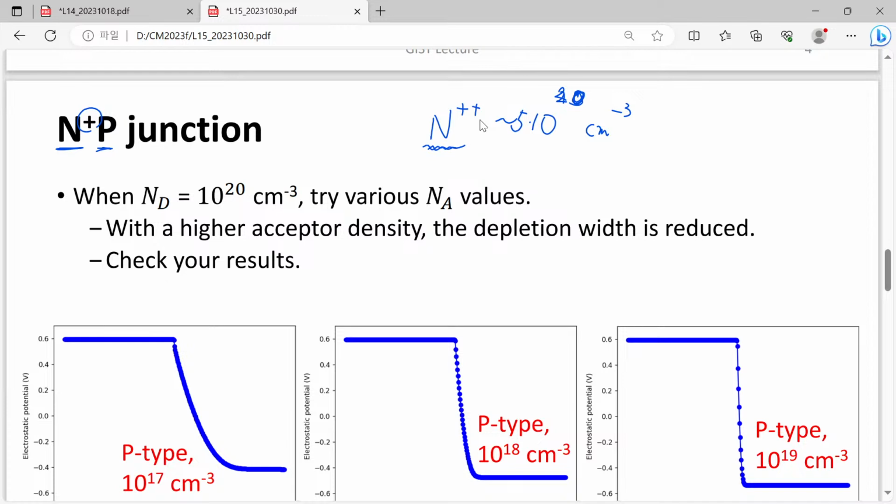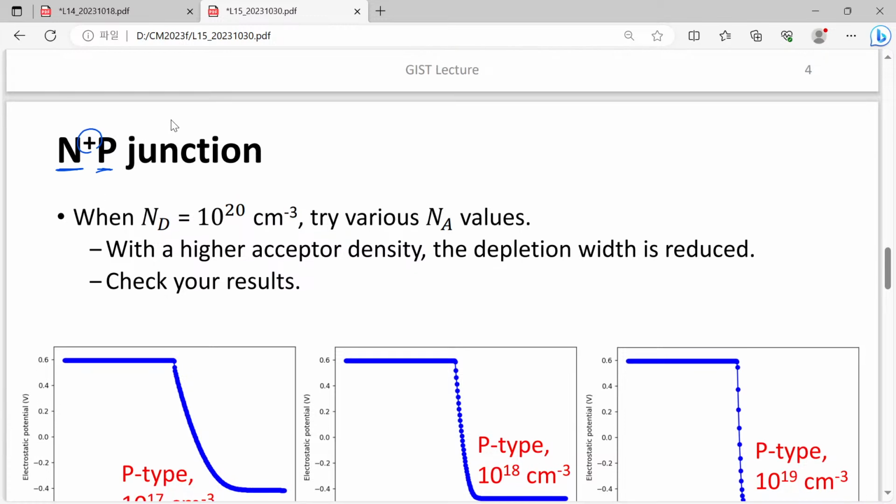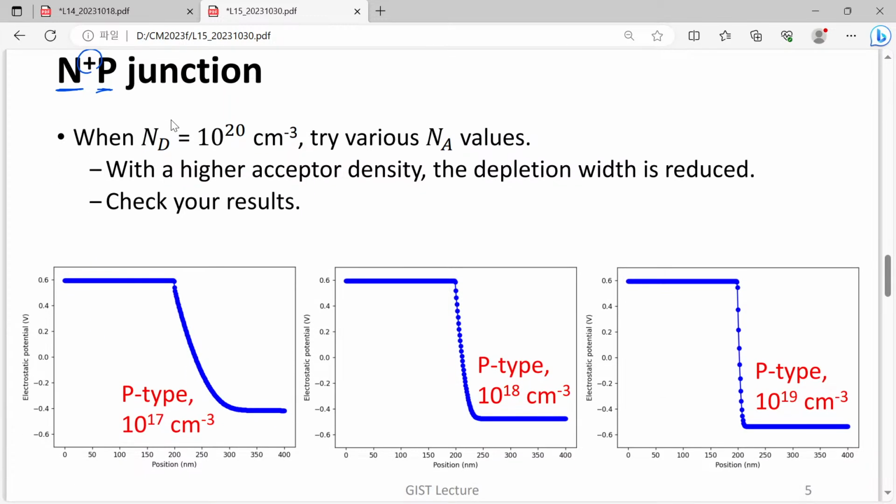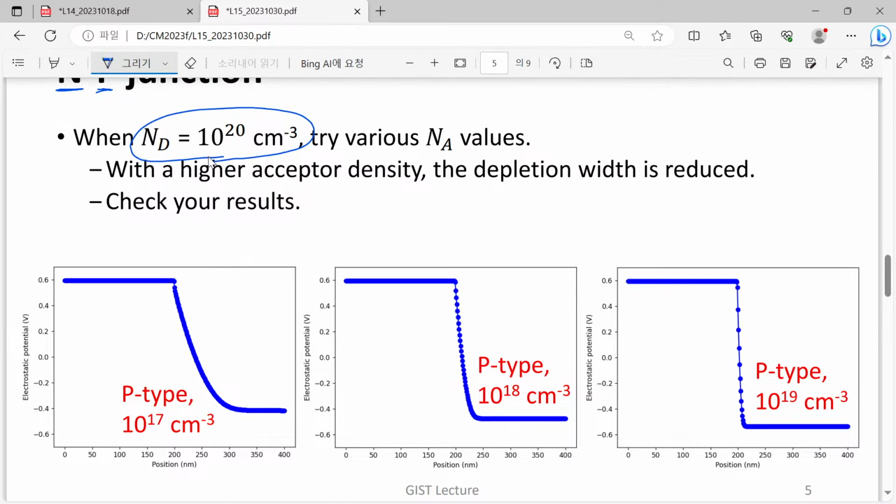But anyway, when you say N plus P junction, then N plus corresponds to something like 10 to the 18, 19, 20, and P is lower than that. In this example, I just selected one typical value, 10 to the 20 per cubic centimeter, as the N-type doping density.